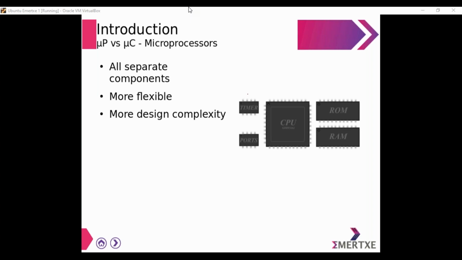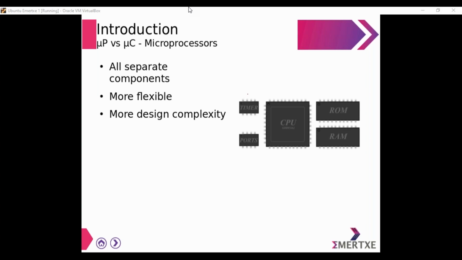Because all are separate and you get the choice to select, microprocessors are said to be more flexible. You can select which memory to choose, which timer to choose, which peripheral to choose. Every option is given to you. Hence, microprocessors are more flexible. But because everything has to be externally connected, the complexity of the design is also more.